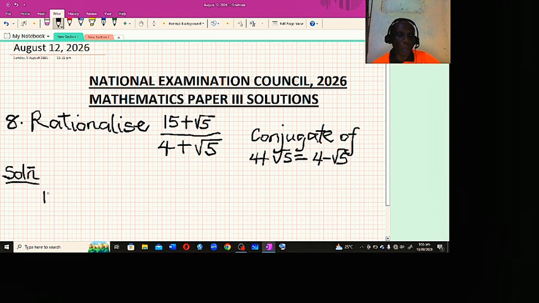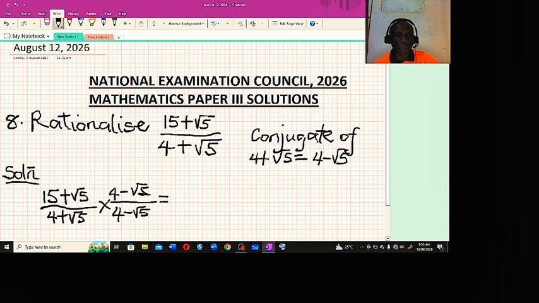So we have for the fraction, 15 plus root 5 divided by 4 plus root 5. Like I said, we'll multiply by the conjugate up and down: the numerator by 4 minus root 5, and the denominator the same, 4 minus root 5.